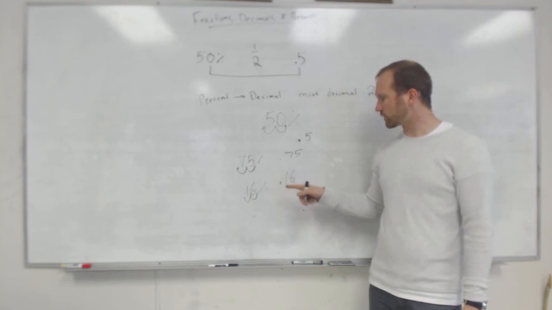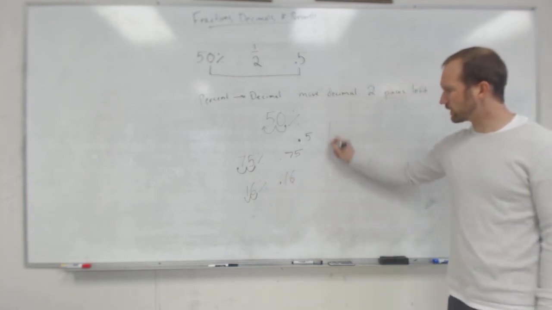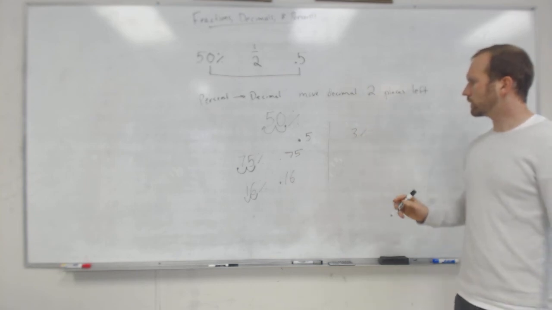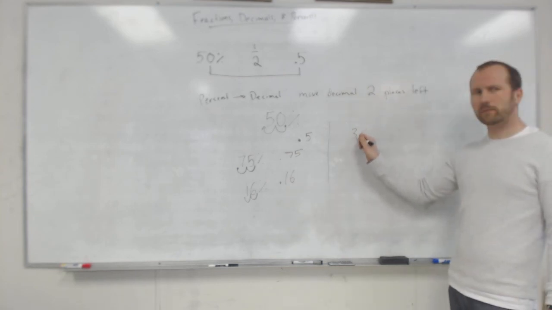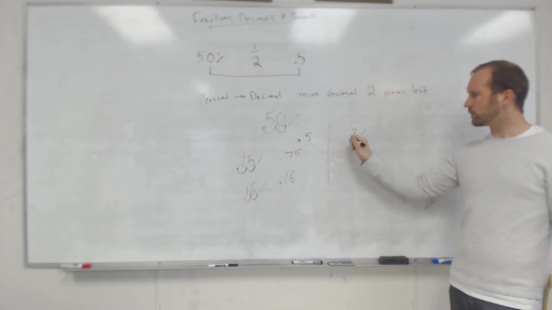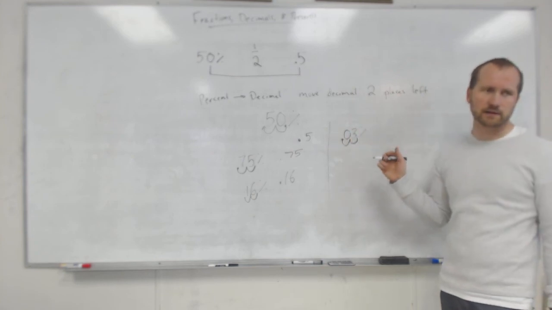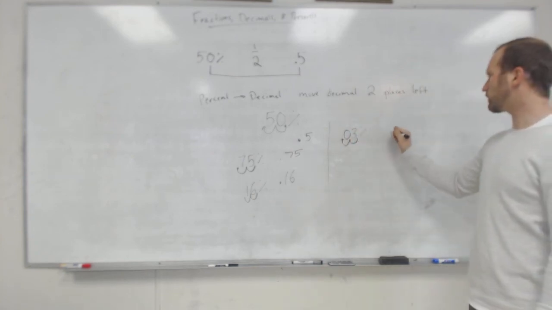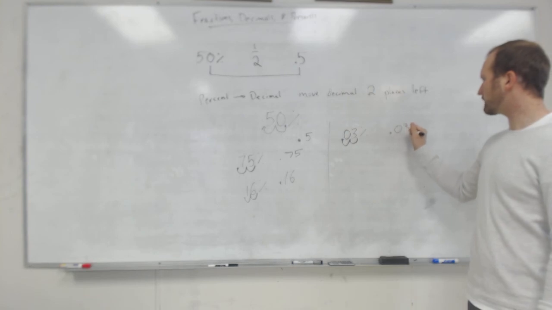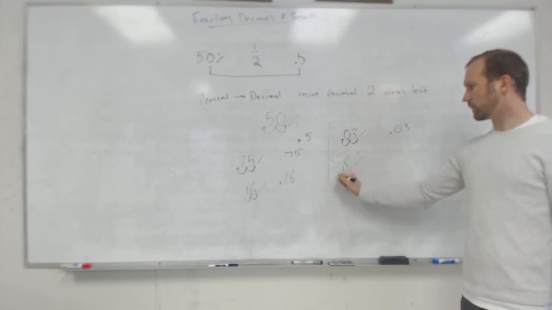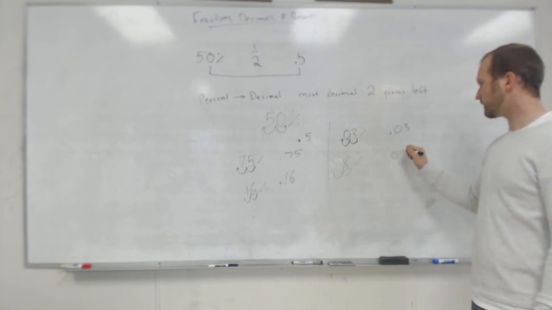Now these can be a little tricky sometimes. For example, what if I had 3%? Where's my decimal? It's 0.03. I move it 2. Yeah, there's like an extra space. And so exactly, you guys are guessing it. We put a 0 there. So 3% is 0.03. If I had 8%, 0.08.